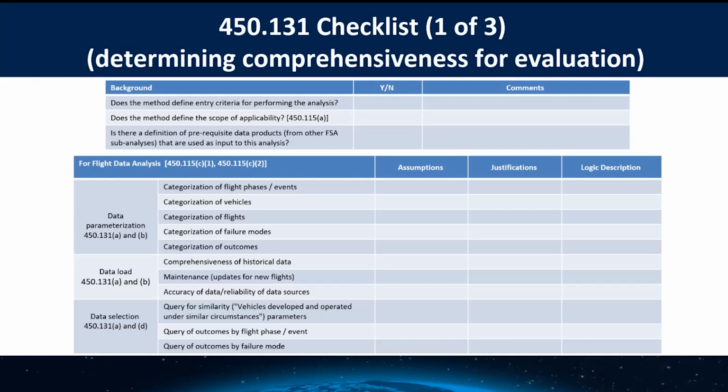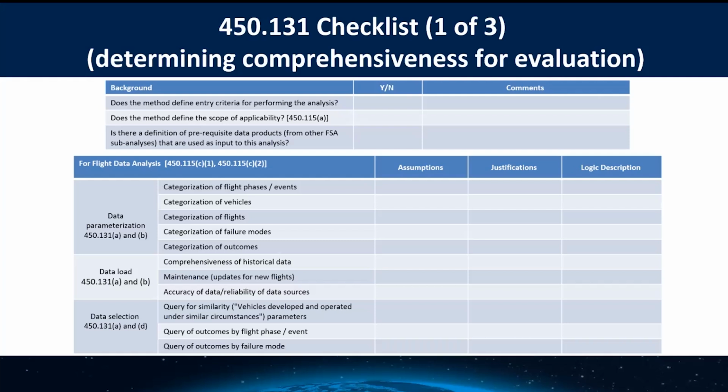These include an entry criteria, a scope, and a list of prerequisites, identifying what the analysis is intended to cover, and the availability of the sufficient and desired data from an external source and/or from a flight safety analysis section to begin that analysis.